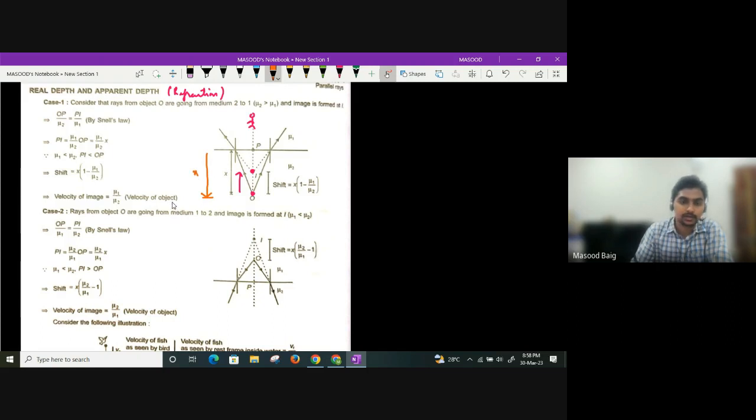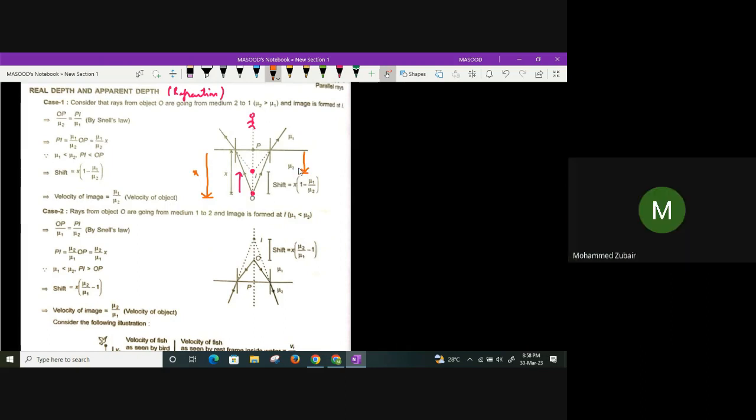But is it present there to us? In reality it is present here, but if you are observing from rarer medium, will it appear here only? No, it will appear at a certain height above its actual position. So this depth is called your apparent depth. Now, is this depth greater or lesser than real depth? Lesser than real depth.